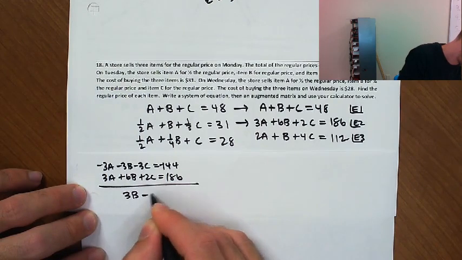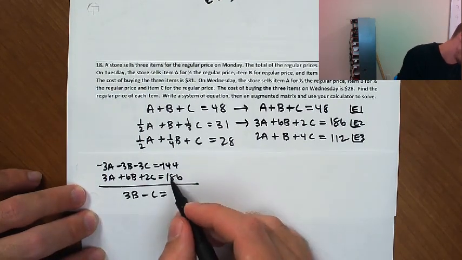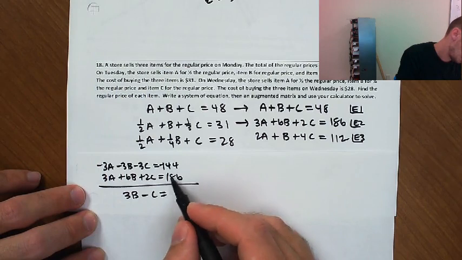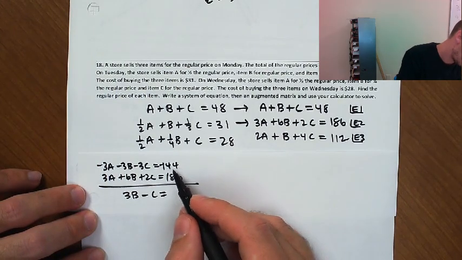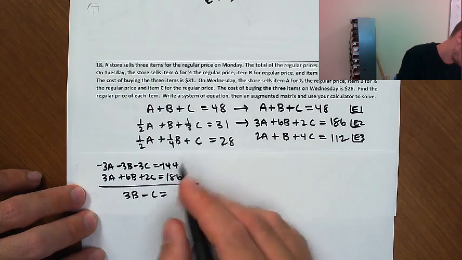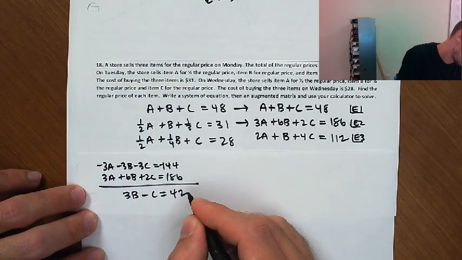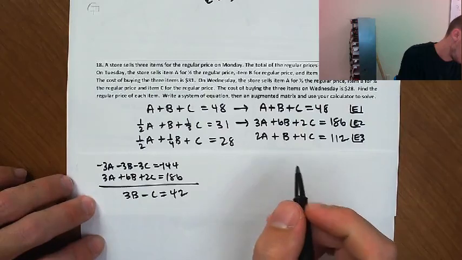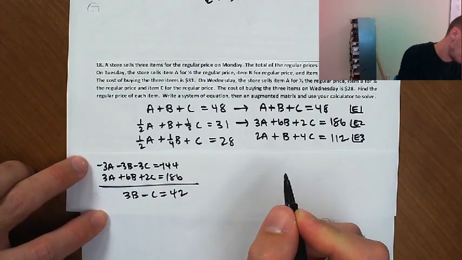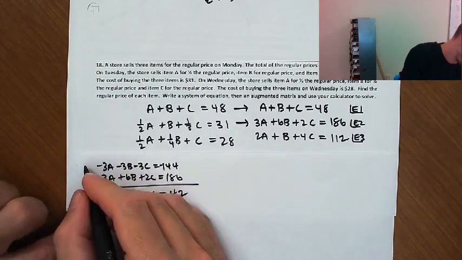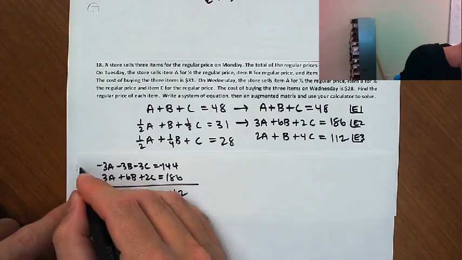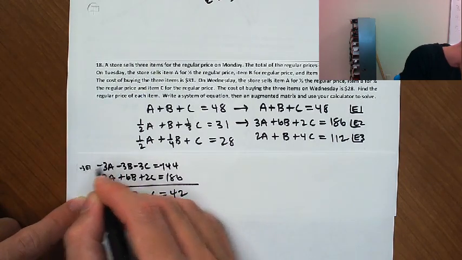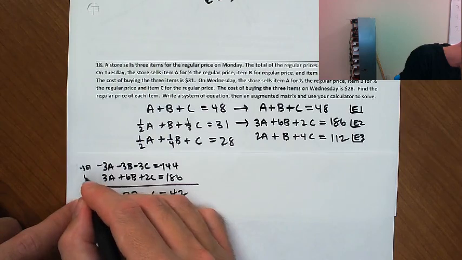That'll be 3b minus c equals, okay, 186 minus 144 is going to be 42. That seems reasonable. And that was -3 equation 1 plus equation 2.